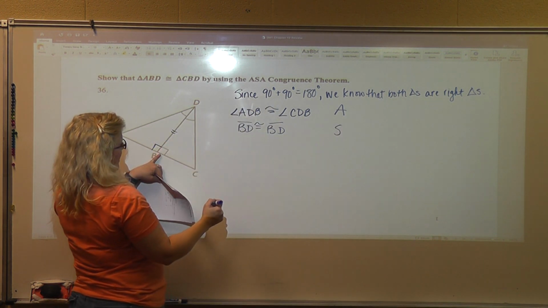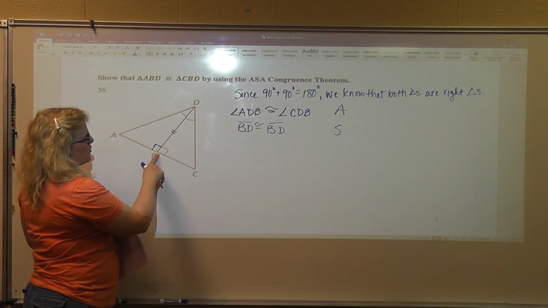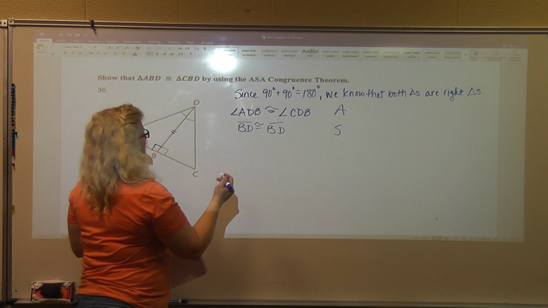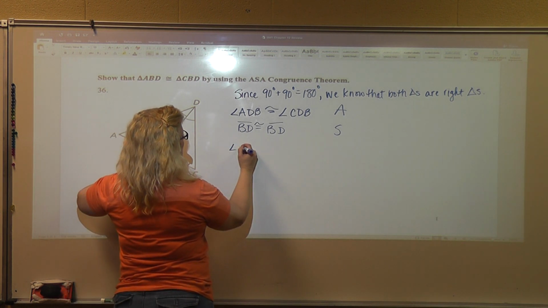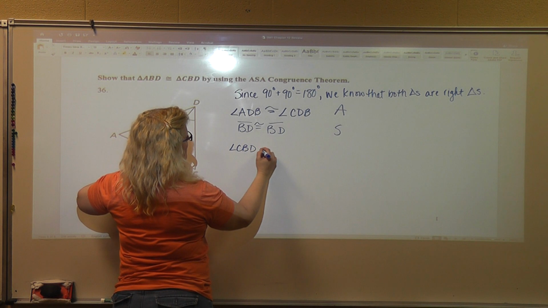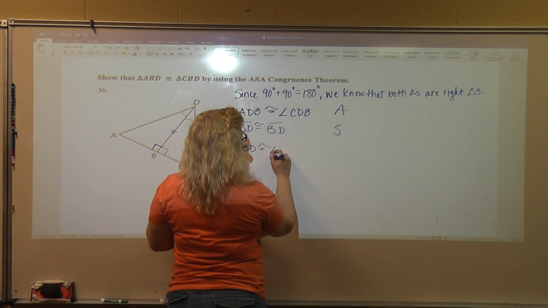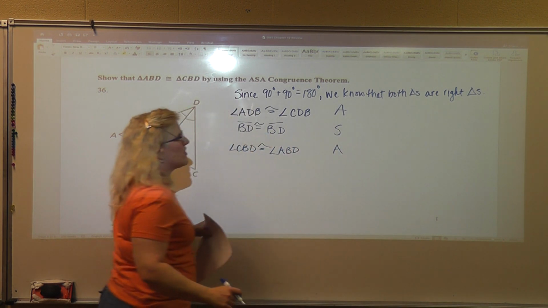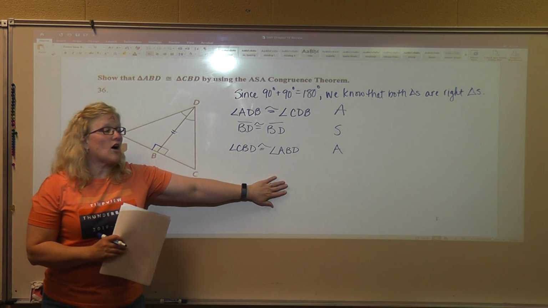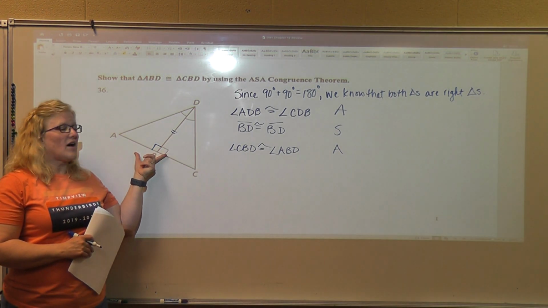And then lastly, I have these two right triangles, and so I can say angle CBD is congruent to angle ABD. And that is another angle. So that's how we show that these two triangles are congruent by ASA.